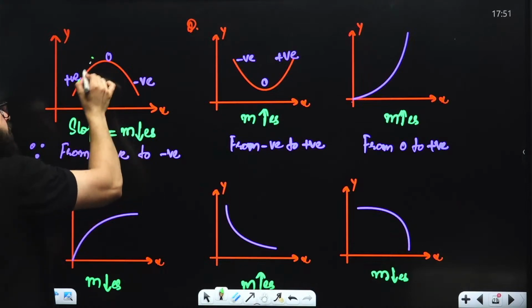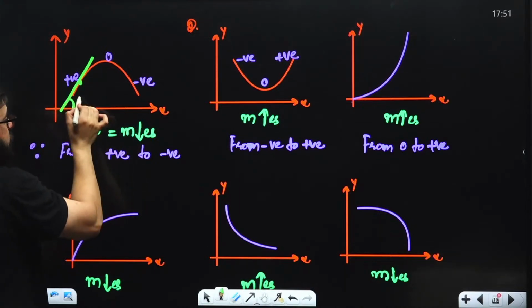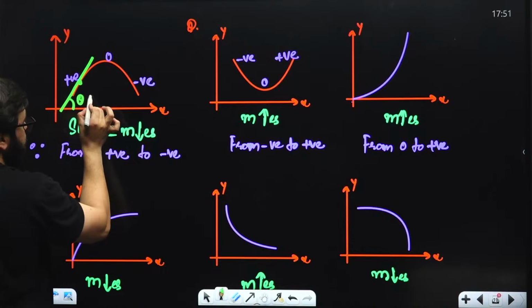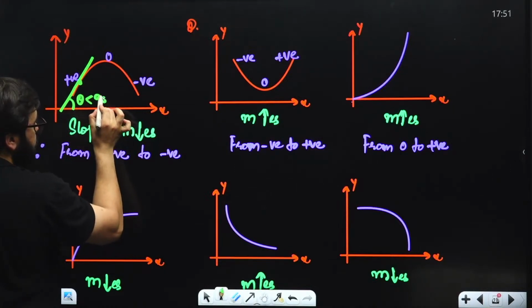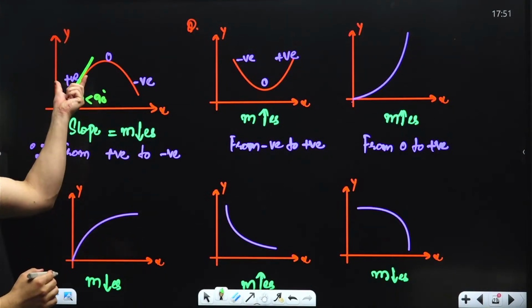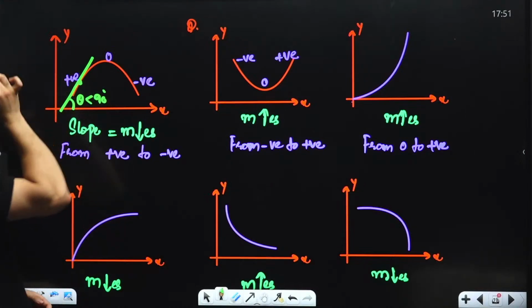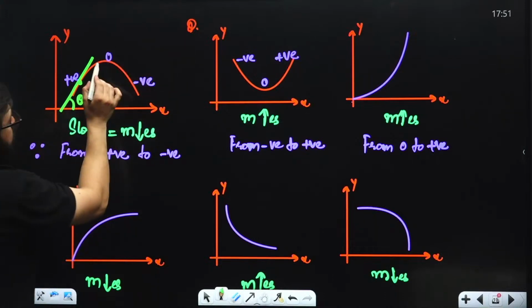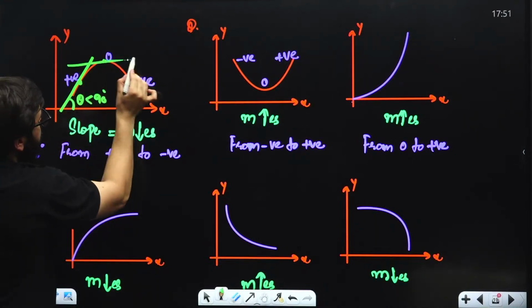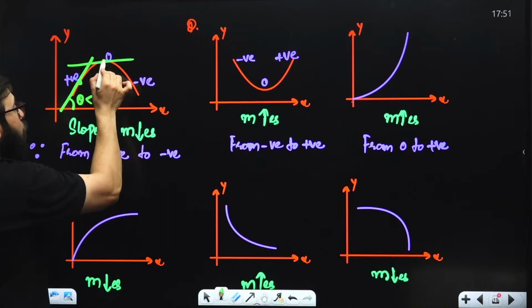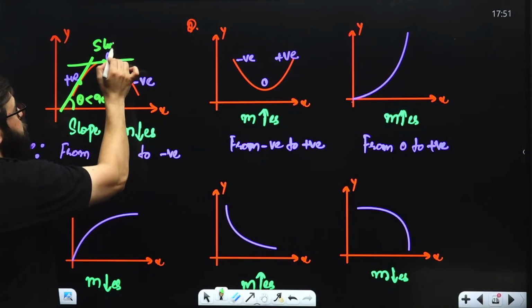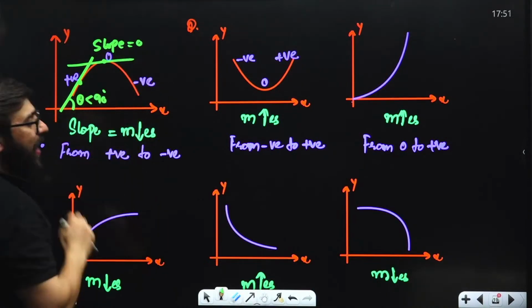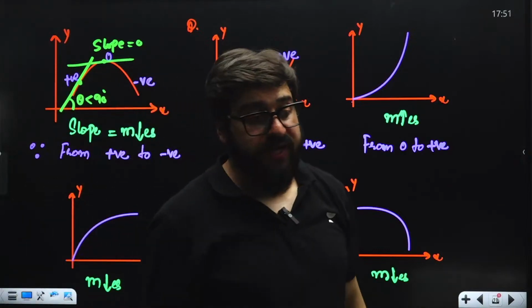If I draw a tangent, the angle theta in this particular case is less than 90 degrees, so the slope at this point will be positive. Yes, slope will be positive. Then we take this point exactly over here. The slope at this point is 0. Why? Because it is making 0 degrees with the x-axis.